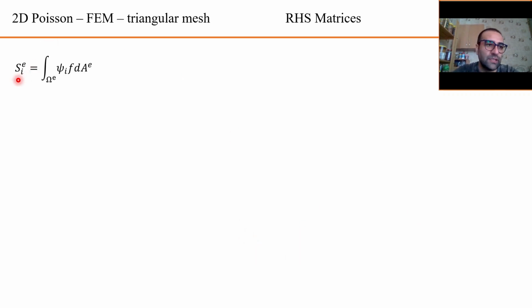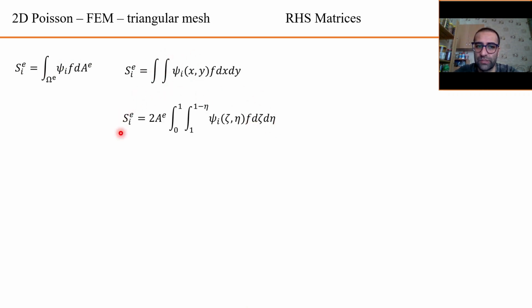Now we can calculate S_i again. We have S_i, we can calculate S_i, but because this integral is in the xy coordinate, we need to transform it to the new coordinate using the same formula of the Jacobian. And in the new coordinate, because f is a constant, it goes out.